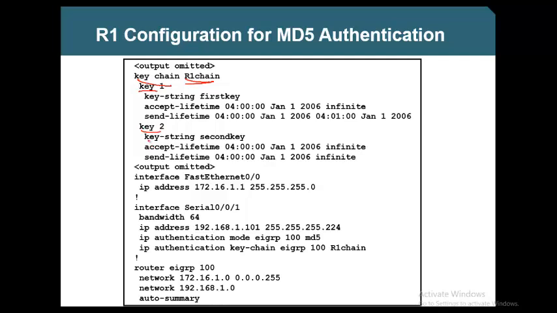Why do we need many keys? Because I want to have different passwords. From this time, 4 o'clock, January 2006, and forever, I'll be accepting this as the password, but sending only from this time to this time, after which I want to have another password.